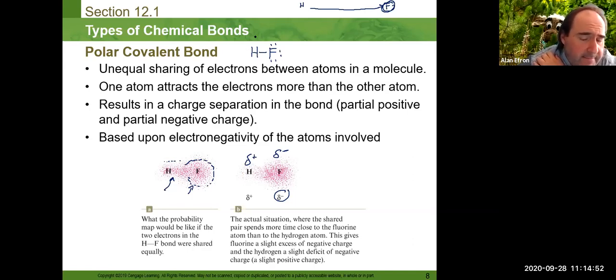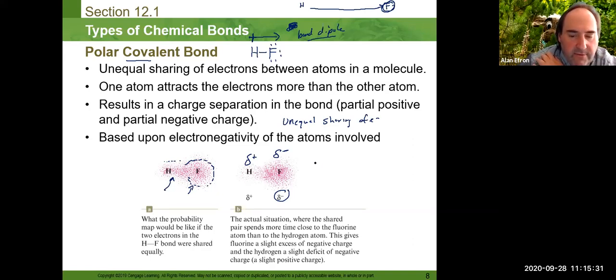This can be represented by an arrow that points to the side that's more negative, and the back end of the arrow makes almost like a plus sign on the side that's more positive. This is sometimes referred to as a bond dipole. I'll spell that right. A bond dipole. Bond dipoles occur when we have unequal sharing of electrons, and that is basically what a polar bond is. A polar bond is an unequal sharing of electrons.